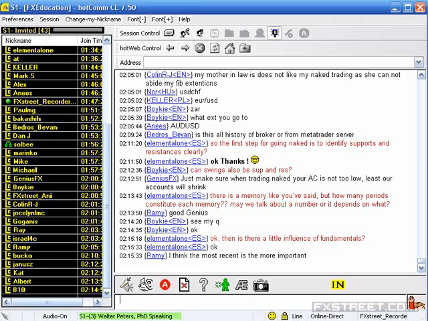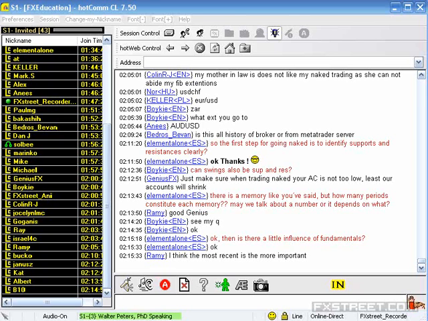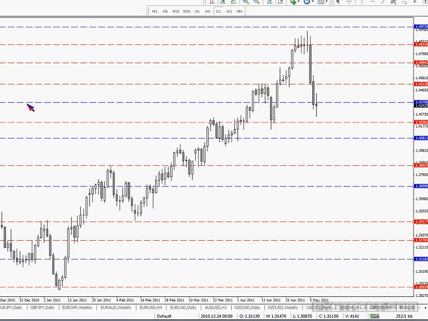Yeah, Rami, this is an interesting debate. Rami is asking whether recent support and resistance is more important, and is suggesting that it is. This is an interesting debate, and this is why. If you're looking at a chart such as the euro, we have a lot of recent touches on the chart.